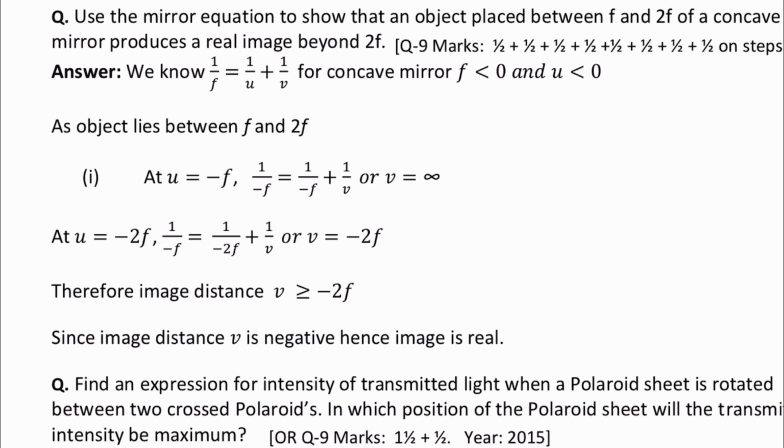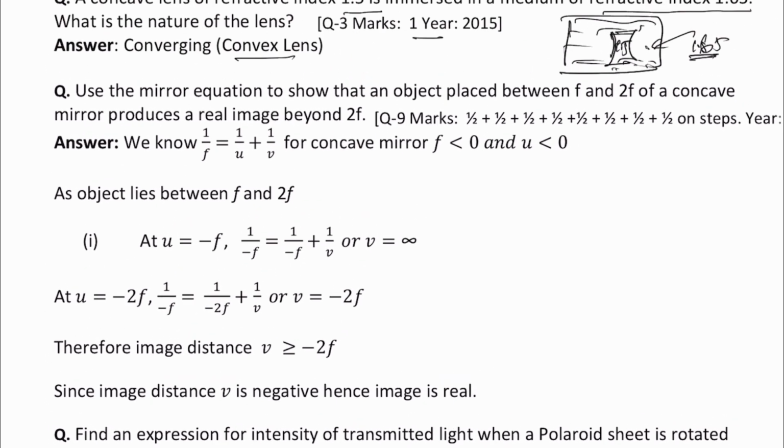So this is actually refraction at a double spherical surface, which we study when there are three mediums: this is medium 1, this is medium 2, this is medium 3. A concave lens is actually a double spherical surface.